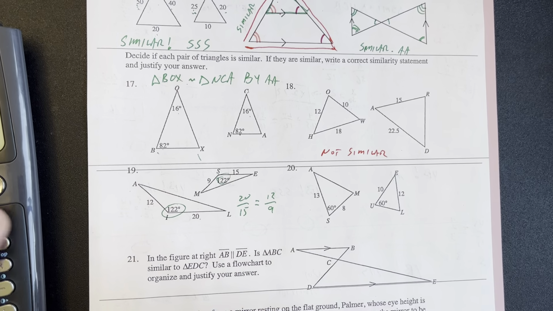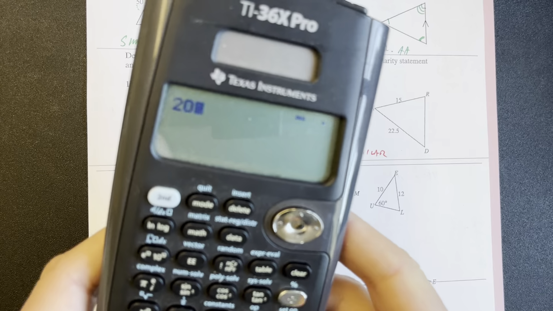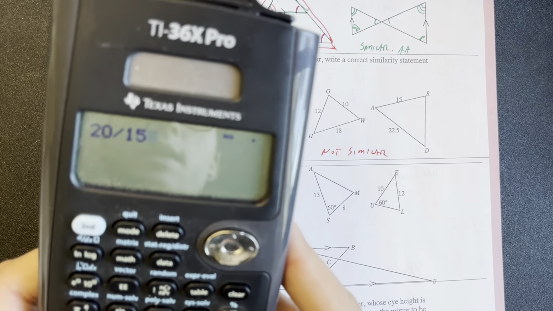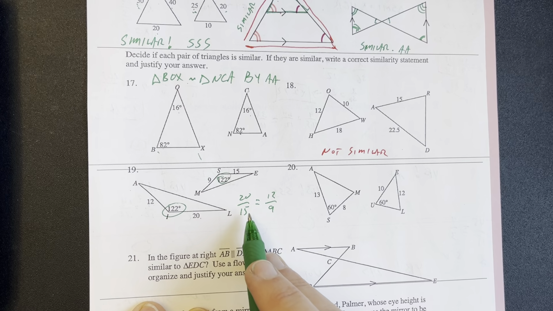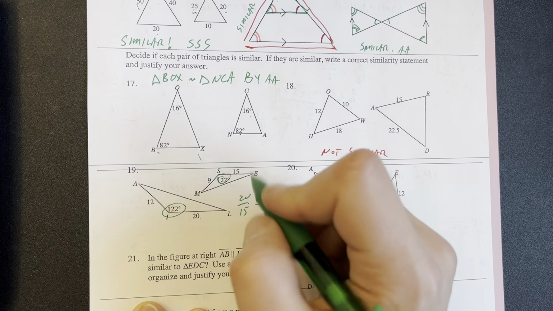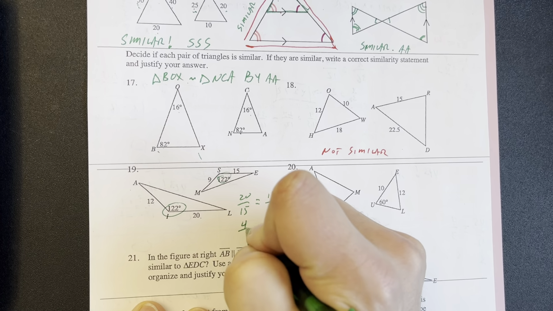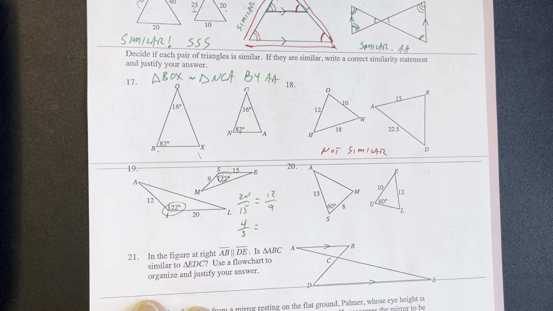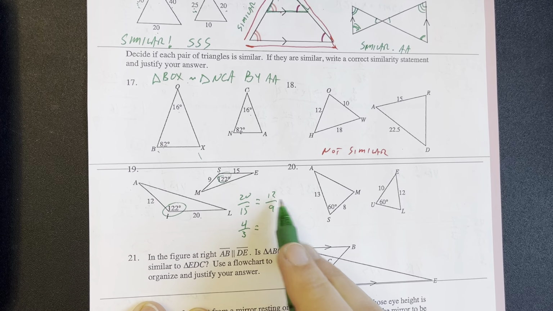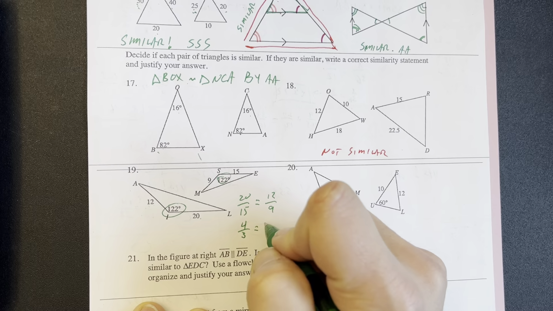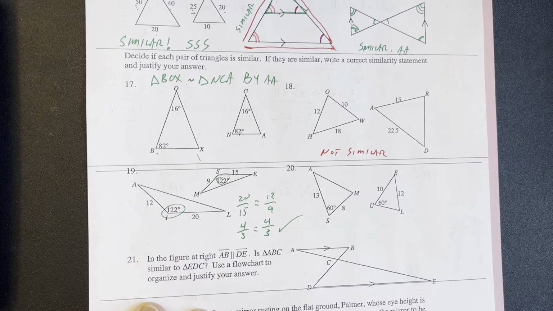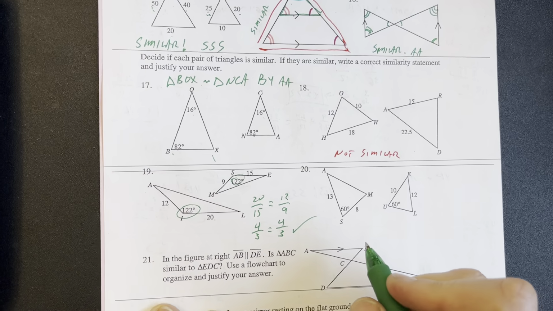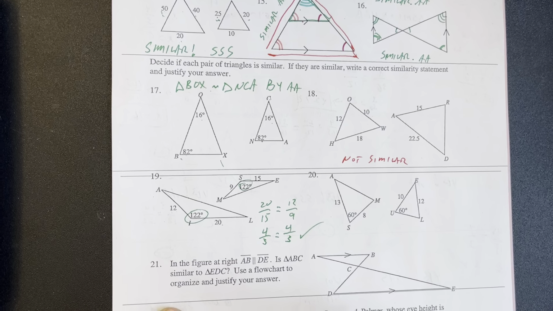So 20 over 15, 20 divided by 15, 1.333. I'm just actually going to reduce this as a fraction. I'd rather do that. We know that 5 goes into 20 4 times, 5 goes into 15 3 times. And then here, 3 goes into 12 4 times, 3 goes into 9 3 times. So these both have a ratio of 4/3. So we'd say, yes, these are similar triangles.